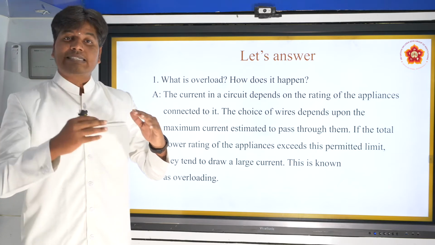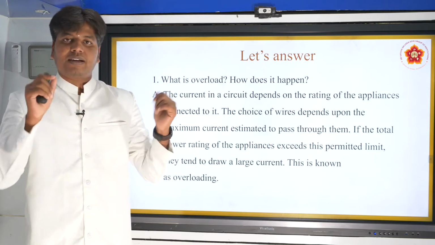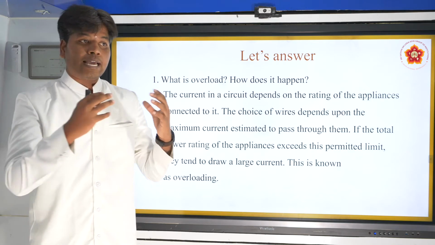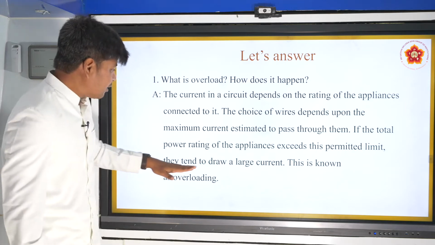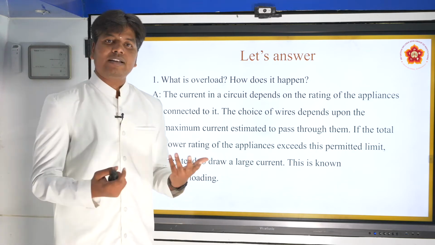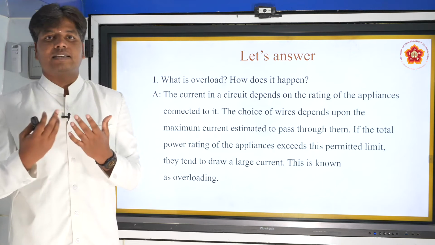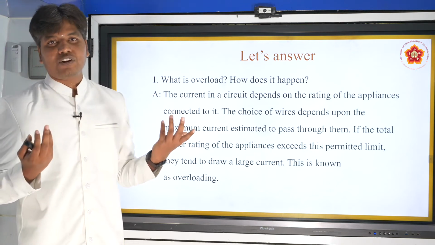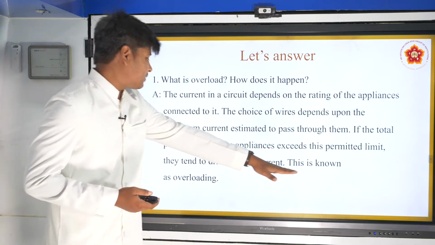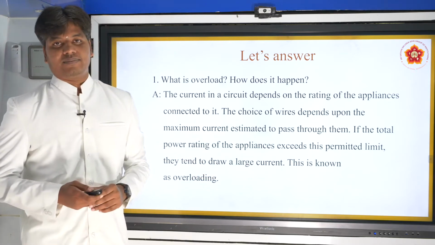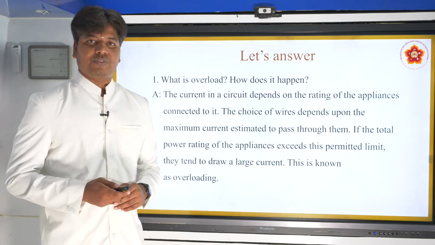That means I am overloading the wire. So they tend to draw a large current, and the wire cannot withstand it. This is known as overloading. So that answers your first question, right?